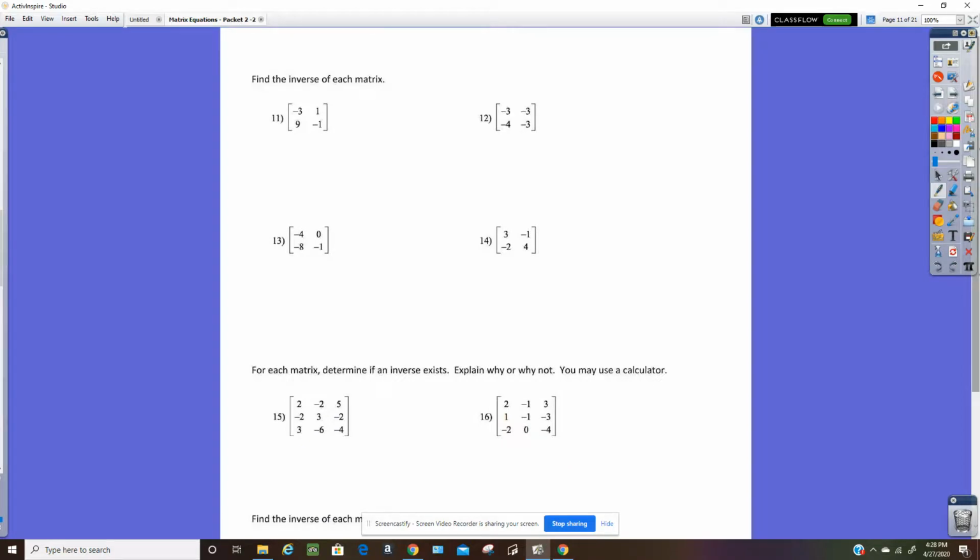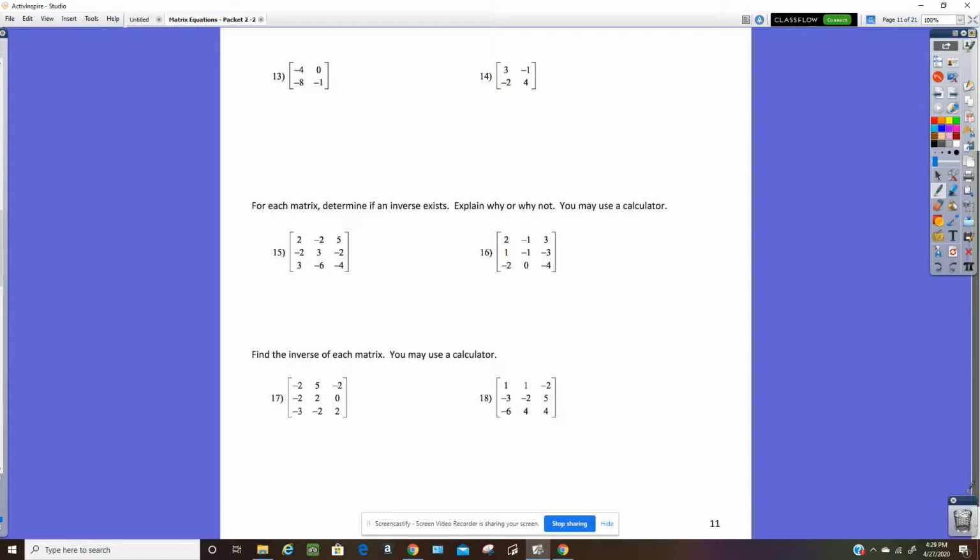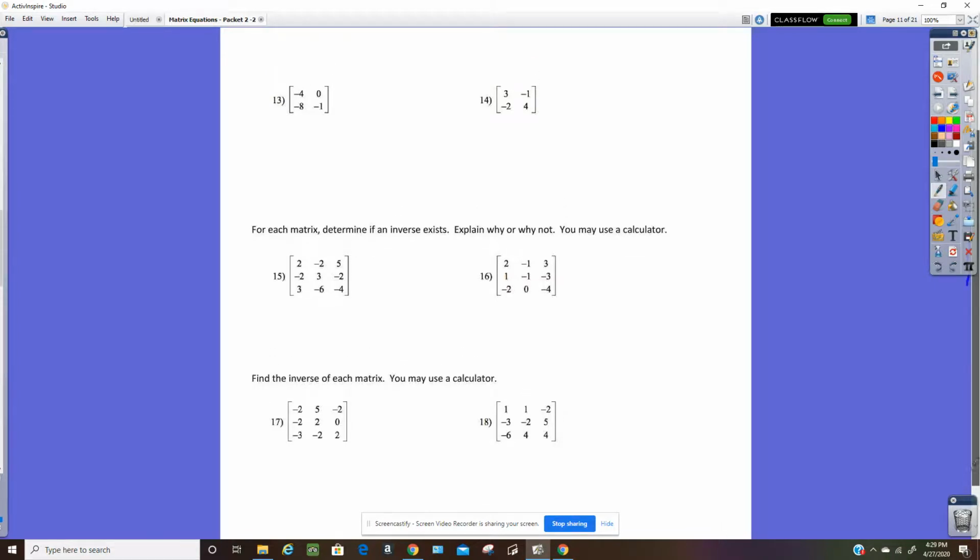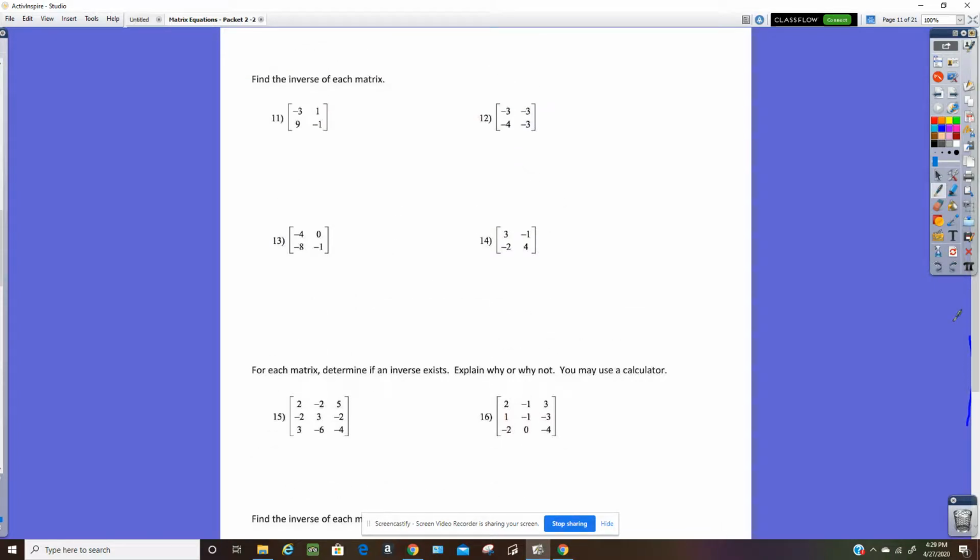Now find the inverse of these 2x2s here, and then I'll show you how to check it on the calculator again. The 3x3 I'm not going to do, but you could do the 3x3 on the calculator. So this one is 1 over 3 minus 9. And then switch these two, and then the opposite of the other two entries.